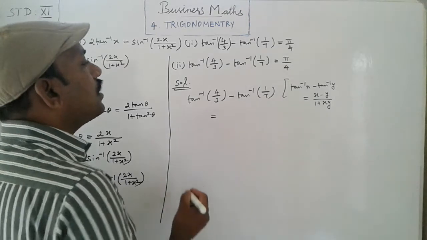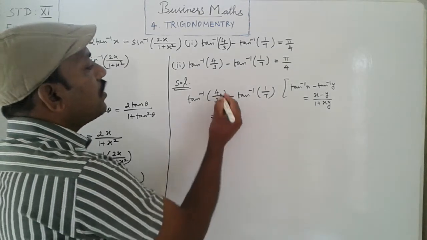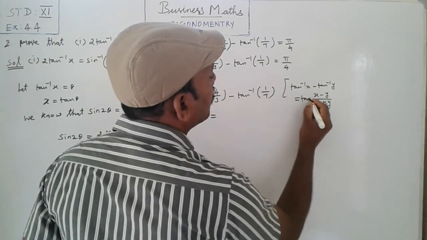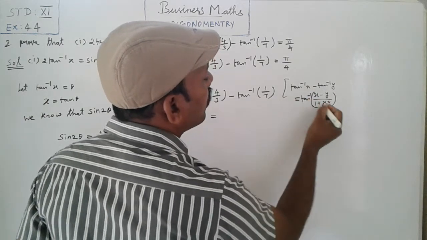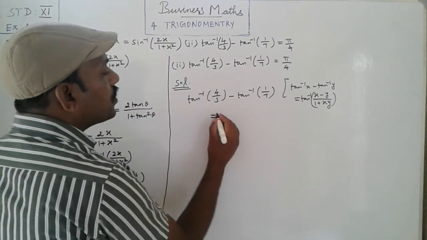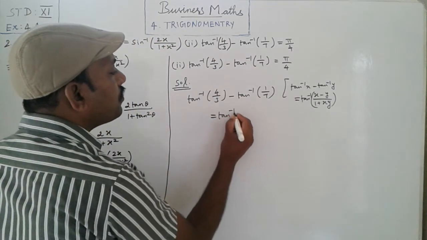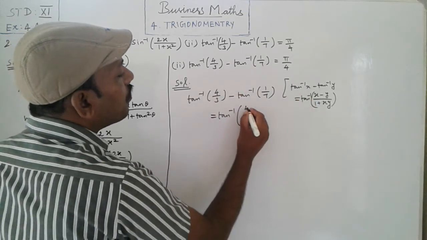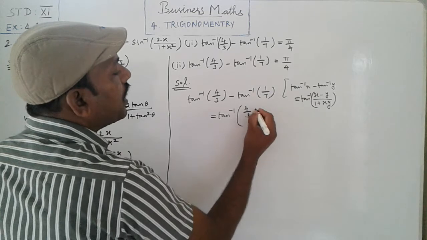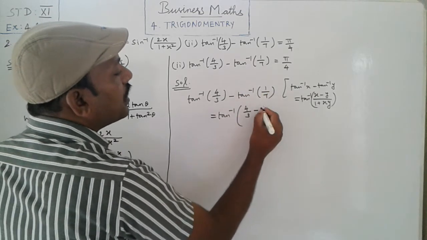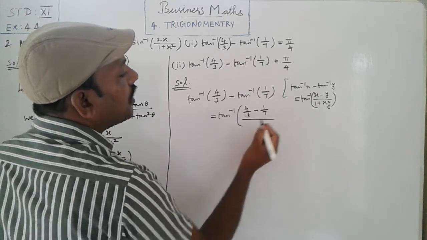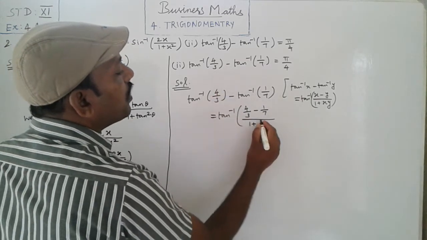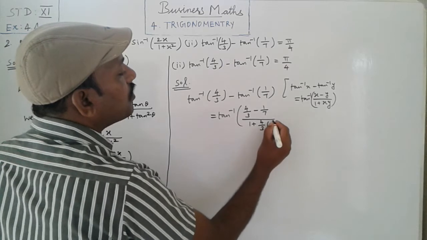So we should write tan inverse of x minus y divided by 1 plus xy. So we write tan inverse of 4 by 3, x is 4 by 3, minus y, which is 1 by 7, divided by 1 plus xy, x is 4 by 3, y is 1 by 7.